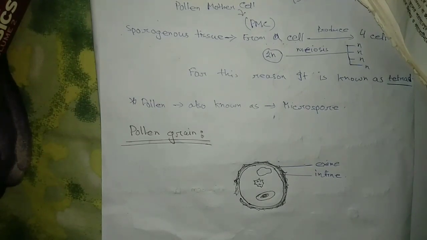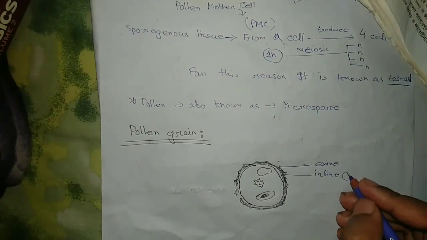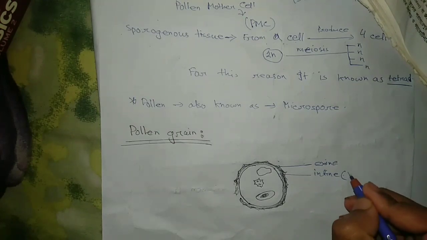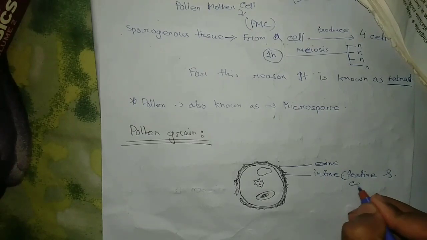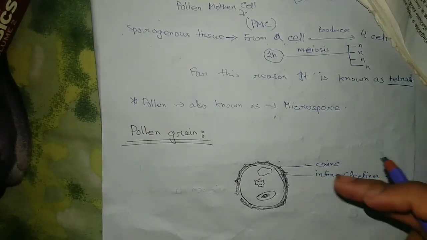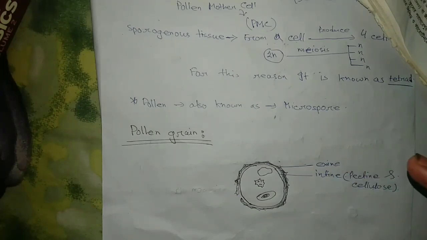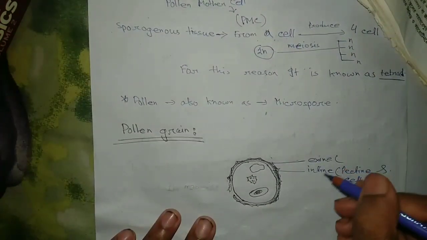The inner part of a pollen is made up of pectin and cellulose. The outer part of the pollen is made up of sporopollenin.